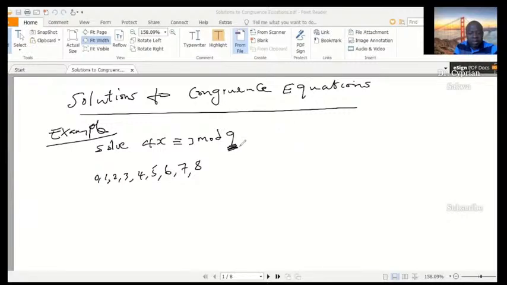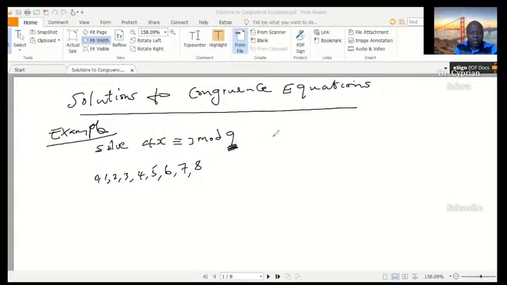As I look at them later, we'll be using the extended Euclid's algorithm. We can also use Fermat's little theorem to get the inverse of 4 and multiply by that inverse on both sides.